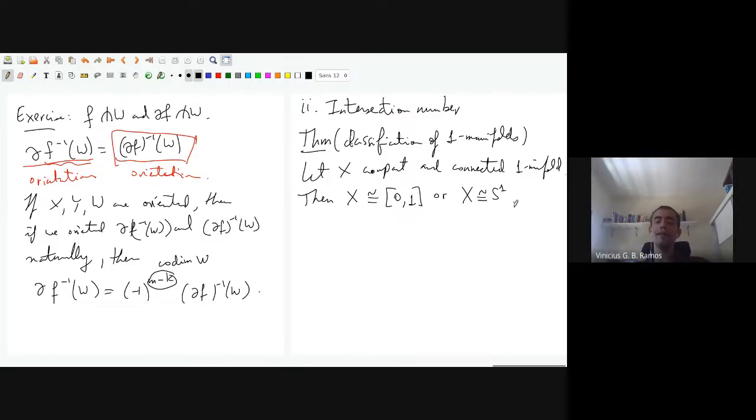So there are basically only two compact and connected one-manifolds with boundary: either [0, 1] or S^1.